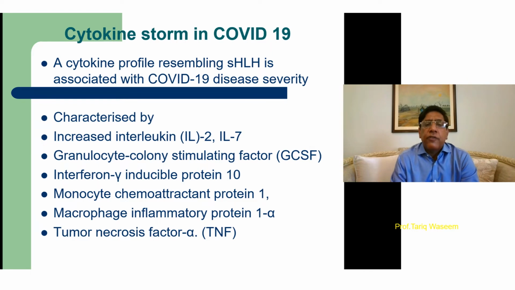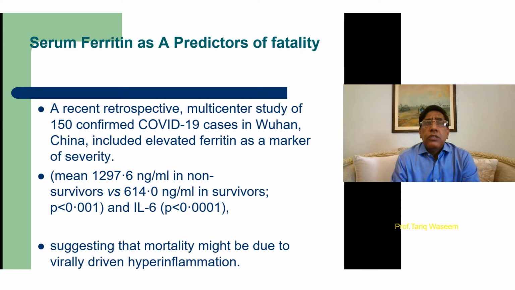There is release of interferon inducible protein 10, monocyte chemoattractant protein 1, macrophage inflammatory protein 1 alpha, and of course TNF, which you are all familiar with. Serum ferritin has been labeled as one of the predictors of how fatal this cytokine storm is likely to be.